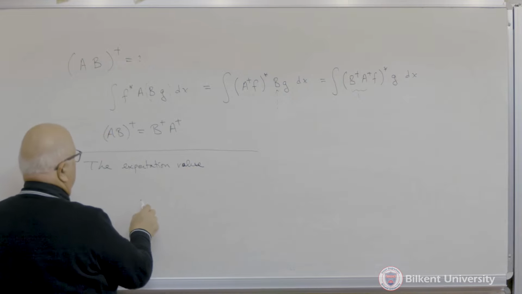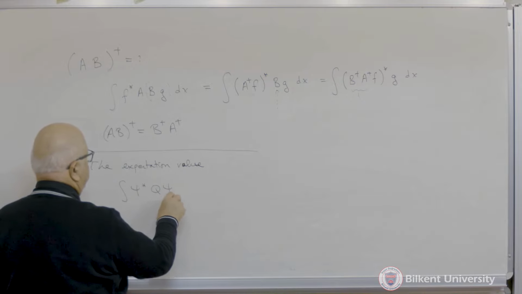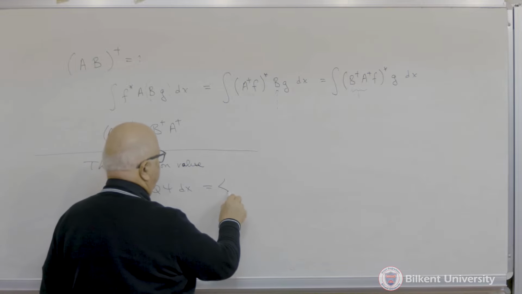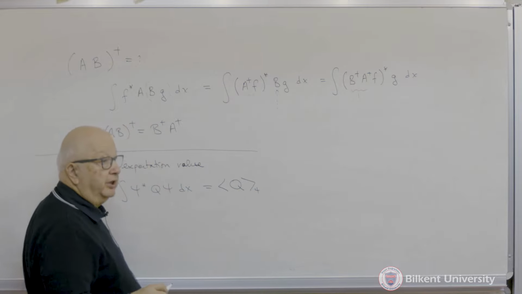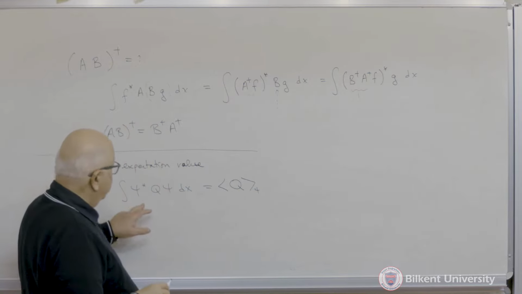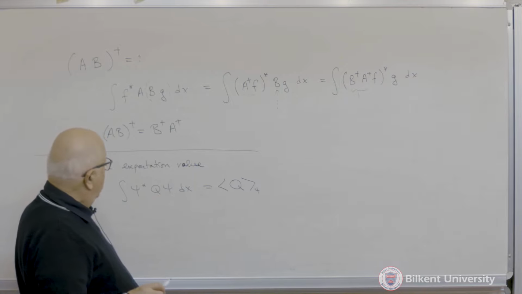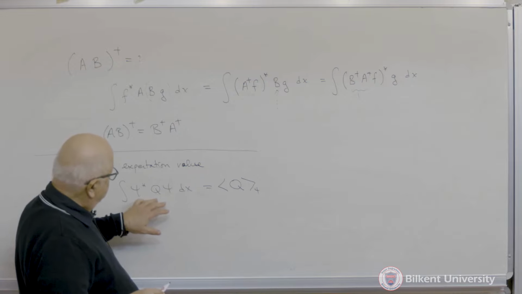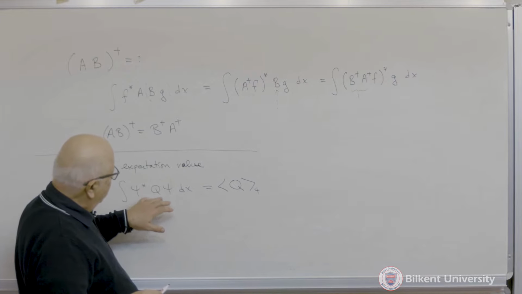And that was something like the integral of psi star Q psi dx. So we call this the expectation value of operator Q with respect to the wave function psi. So it will have different expectation values for different psi's.